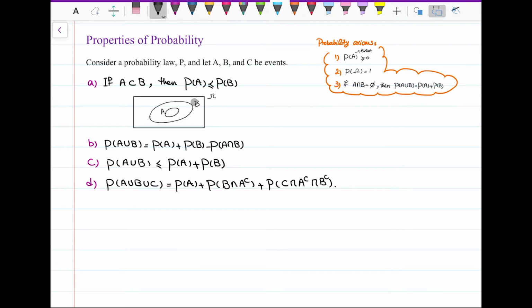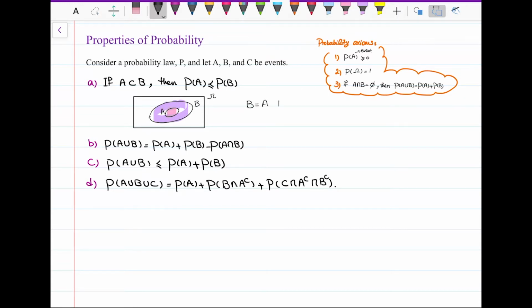Then, as you see, I can write B as what? As A. So A is here. And look at this part in here.